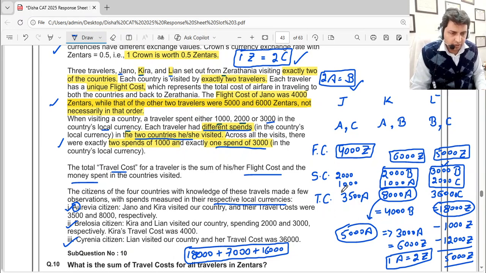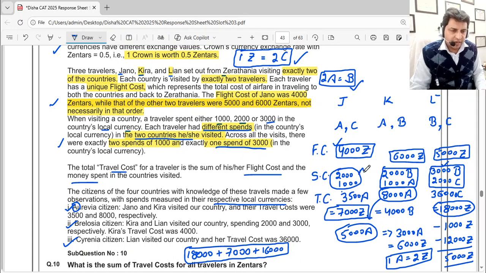The total we know is 35,000 A, that means 1 A is twice Z, this is going to be 7,000 Z. Now 4,000 we have the flight cost, this should be 3,000 Z.